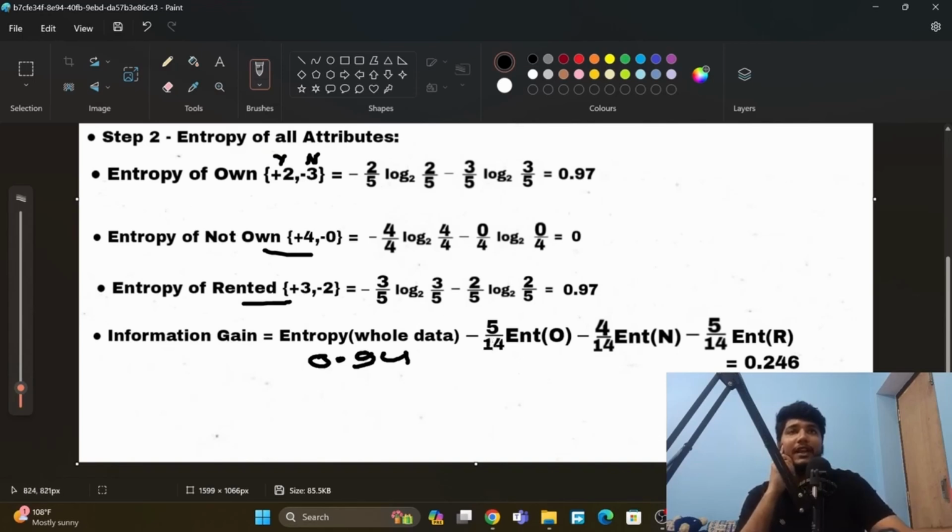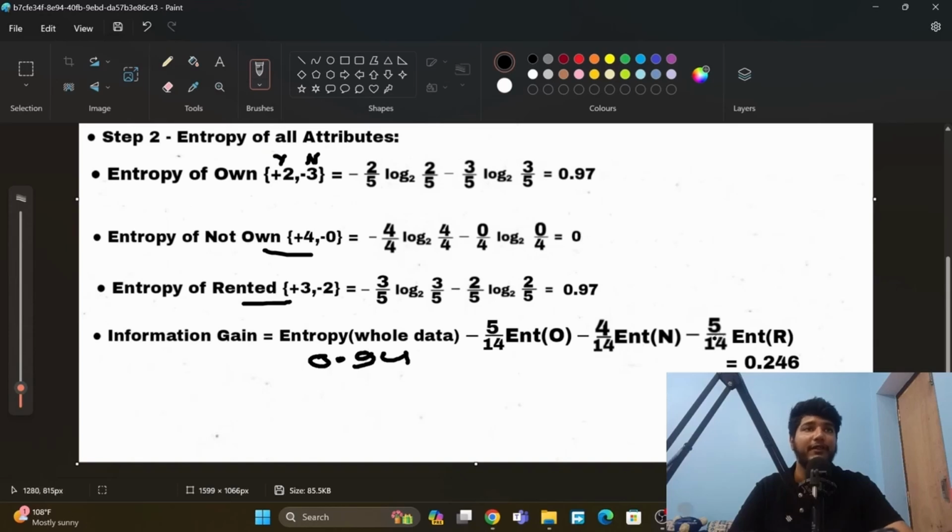Multiply by the entropy of on, minus 4, the total yes or no for this value, over the entire data set 14, and multiply by the entropy of not on.